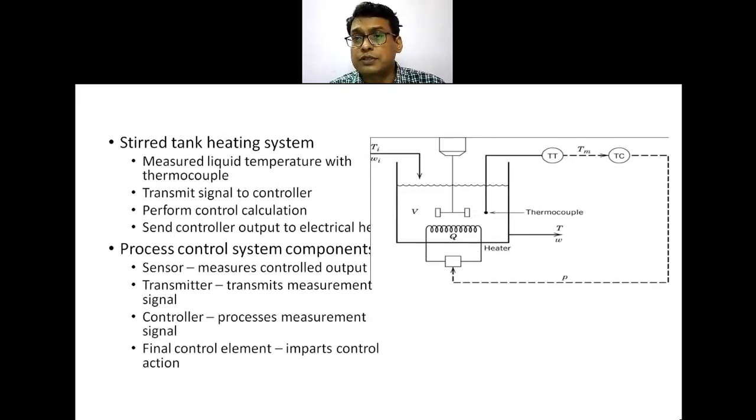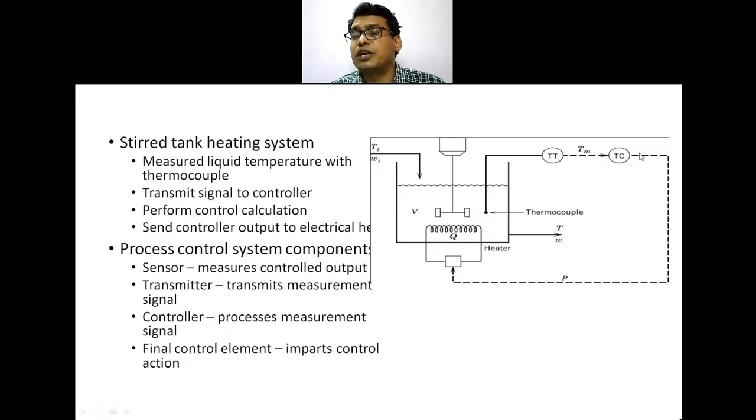For that purpose, a temperature measuring element, a thermocouple, is provided, which measures the actual value of the fluid inside this tank, and it sends the signal to the temperature transmitter. Previously it was a level transmitter, now it is a temperature transmitter, TT. This temperature transmitter sends a signal to the temperature controller, TC.